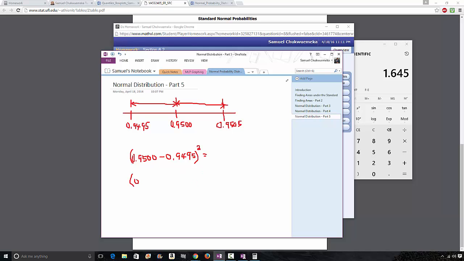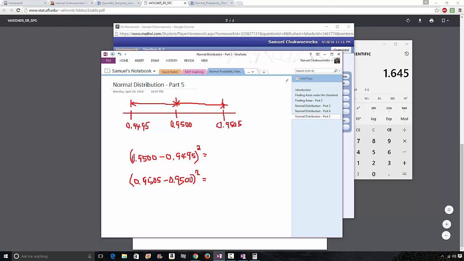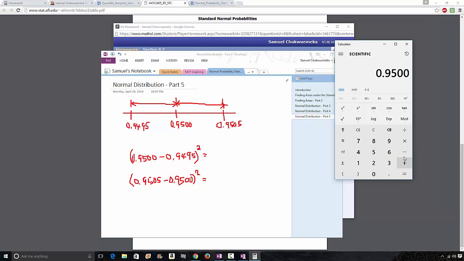And then we also have 0.9505 minus 0.9500, square it. The smallest one is the closest. So we do 0.9500 minus 0.9495, square it.